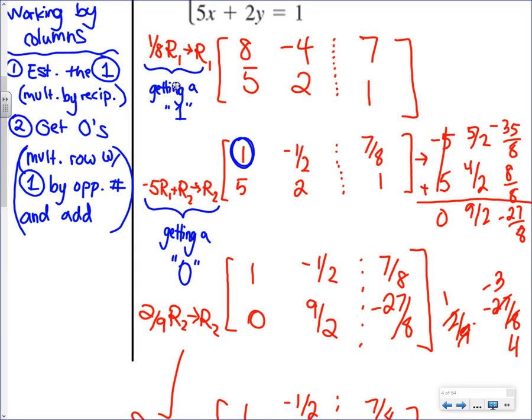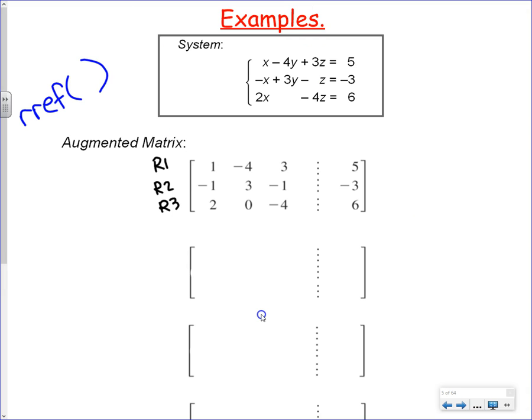So whenever we want to get 1s, we multiply by the reciprocal of whatever's in that spot, or we divide by that. Now, how do we get zeros? We add. Good. But we can't add as is. We take whatever has a 1 and multiply it by the opposite. Good. The negative or the opposite of what we're trying to get rid of. So we get a 1 first, then we multiply by the opposite and add and get zeros. That's exactly what we're going to be doing today, kind of over and over again.